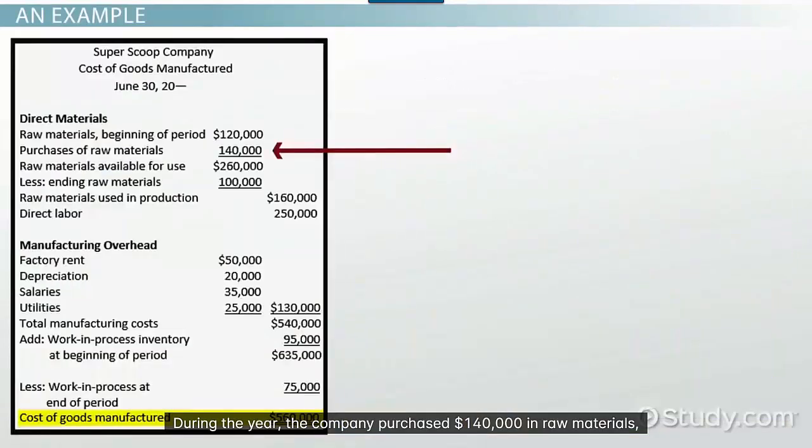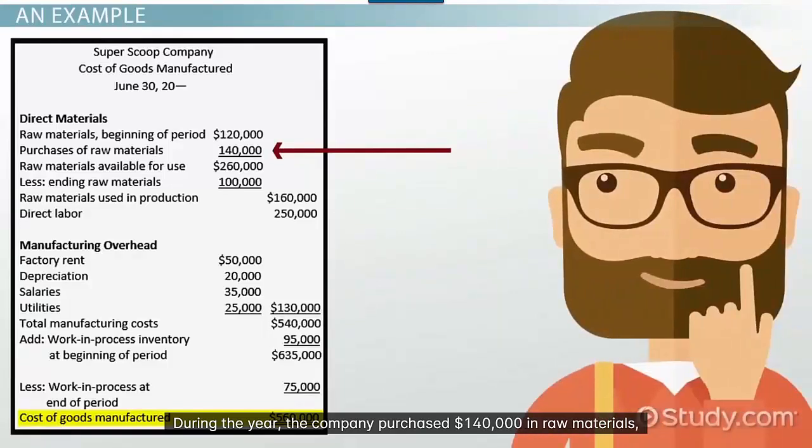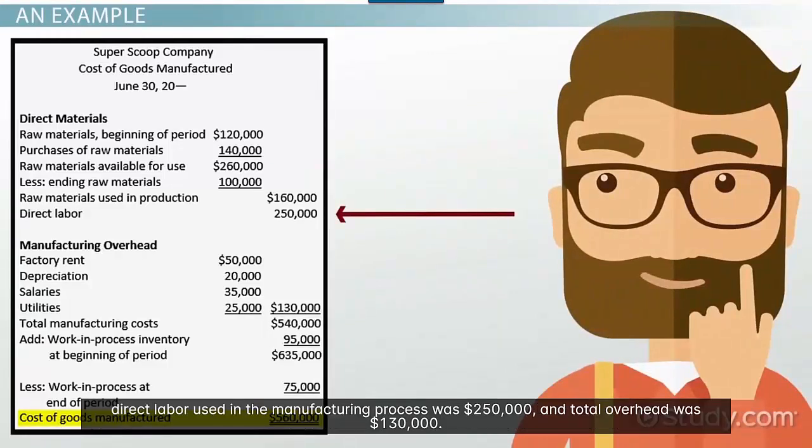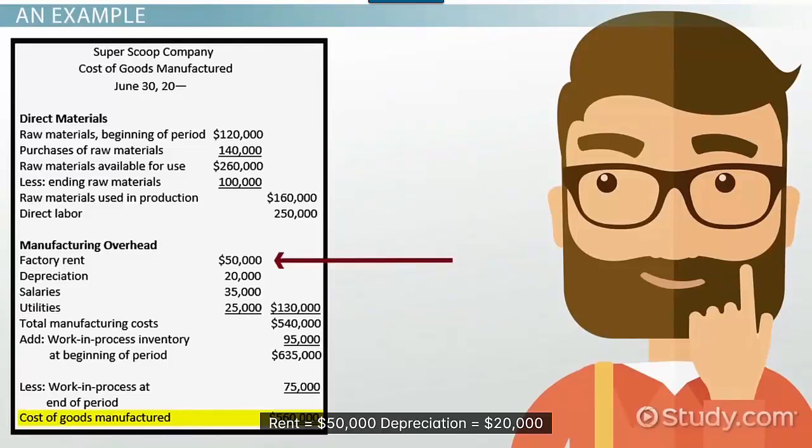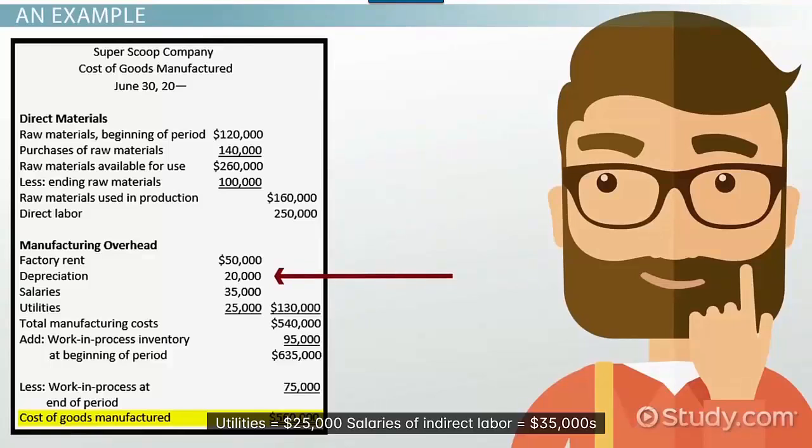During the year, the company purchased $140,000 in raw materials. Direct labor used in the manufacturing process was $250,000, and total overhead was $130,000. Total overhead consisted of rent at $50,000, depreciation at $20,000, utilities at $25,000, and salaries of indirect labor $35,000.